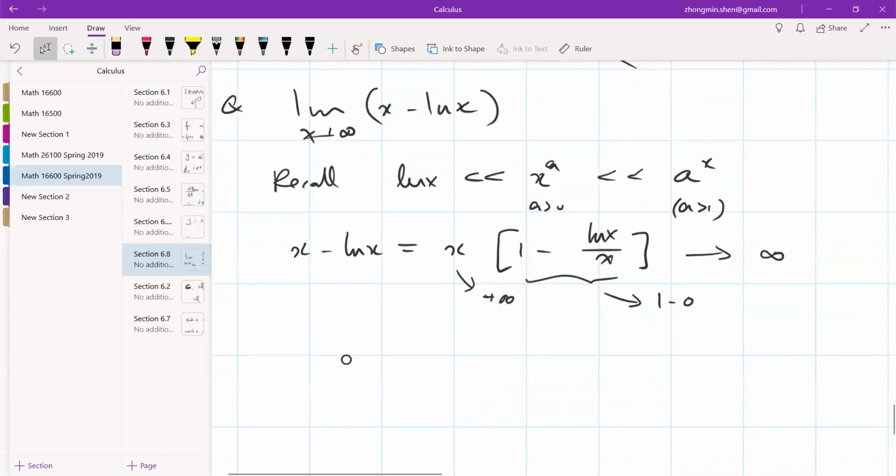If you get a larger number and multiply by another number, maybe smaller than 1 but getting closer to 1, I think the product is getting larger. Like one side is 1 million, 1 trillion, the other side maybe 0.5. That's okay. 0.5 times 1 trillion is still a huge number.